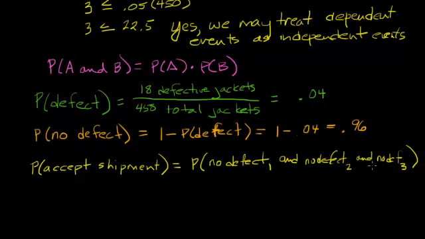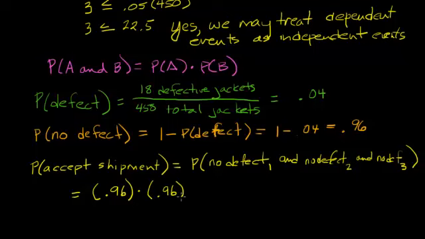Multiplication rule, and. Okay? Well, the probability that the first jacket is not defective, we said no defect is 0.96. And because we're treating these as independent events, then the probability that the second one is not defective would be 0.96.